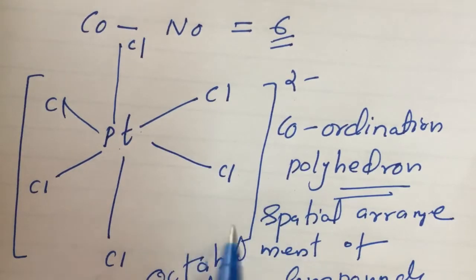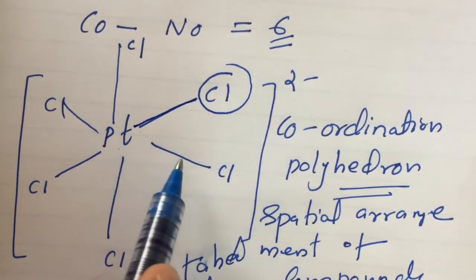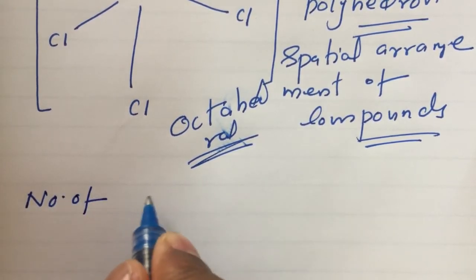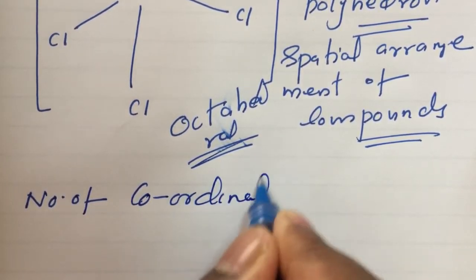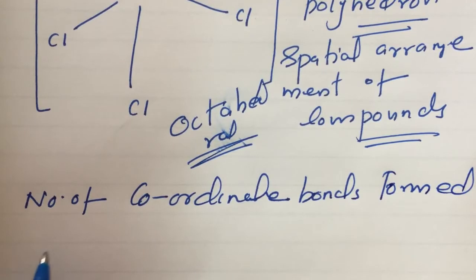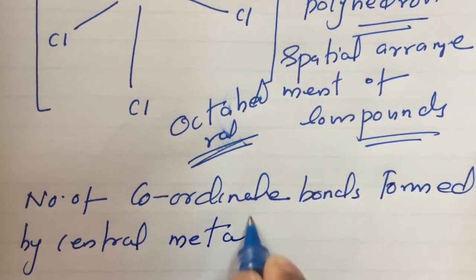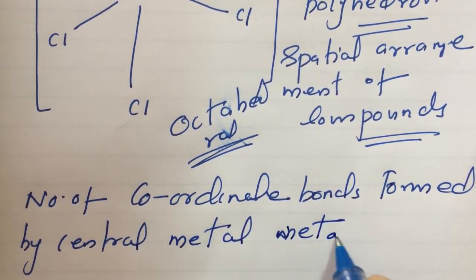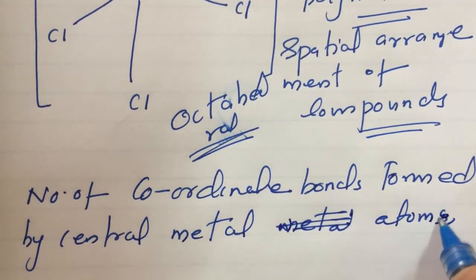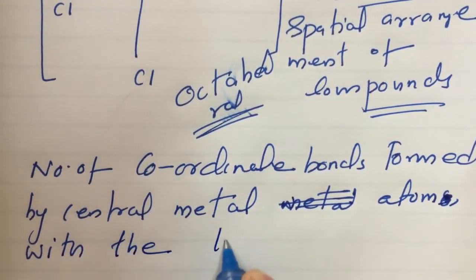Now listen, what is coordination number? Number of coordinate bonds. I will write the definition here. Number of coordinate bonds formed by the central metal atom with the ligands.